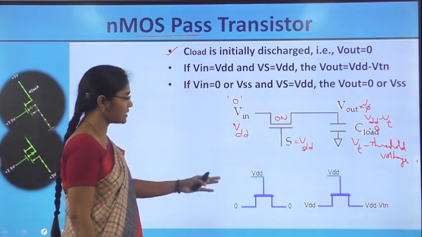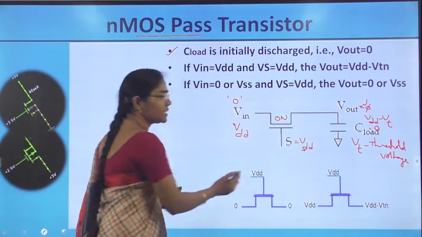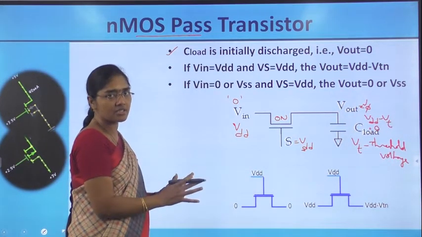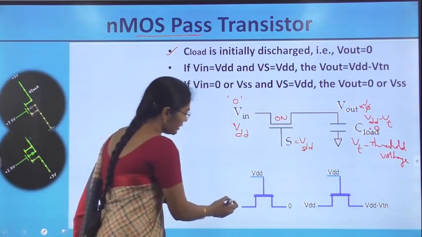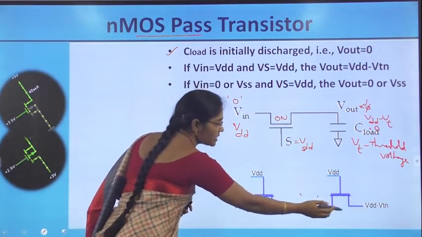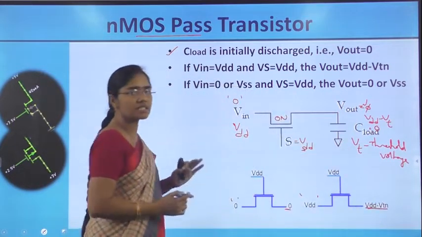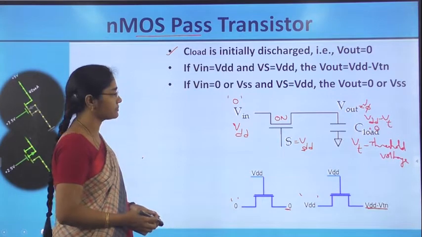That behavior is represented here. When the gate is connected with VDD, then only this NMOS pass transistor is on. Then if input 0 is applied, it passes as it is, 0. When input VDD is applied, it passes VDD minus VTN as the output voltage.